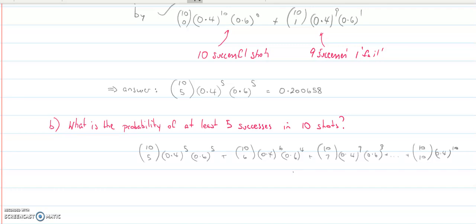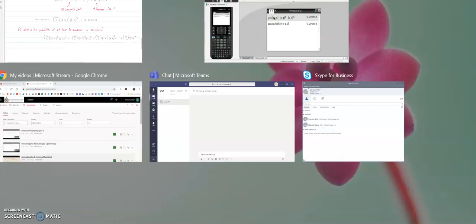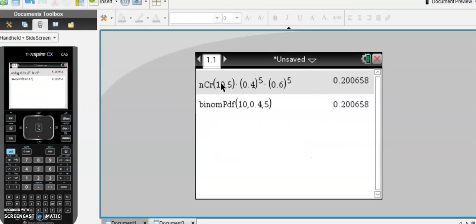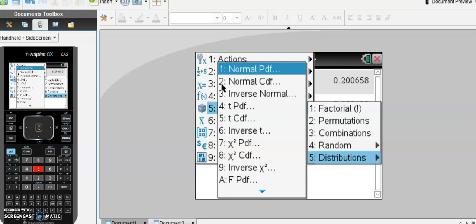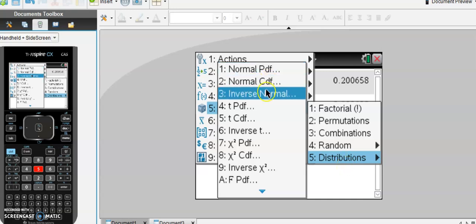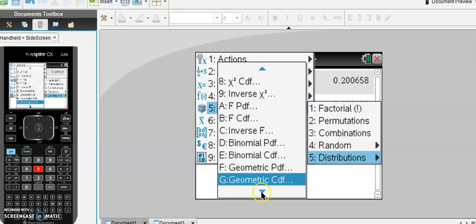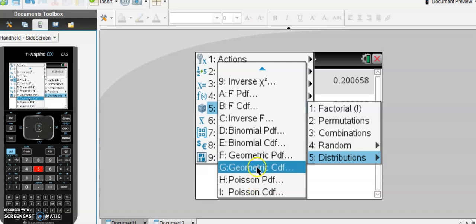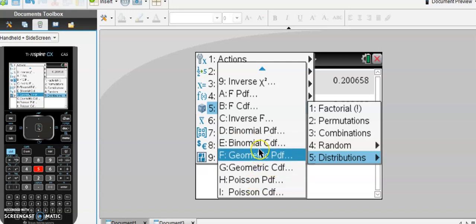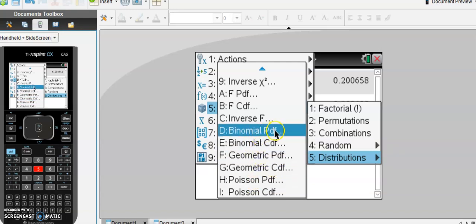There's a fast way on the calculator. Let's go to it. We go through menu 5, 5. That gets us into probability distribution. Now, normal PDF, we're going to come to that. I might just walk you through all the options. We go down. Poisson's coming up as well. That's another discrete random probability distribution. But we're in here, binomial PDF.